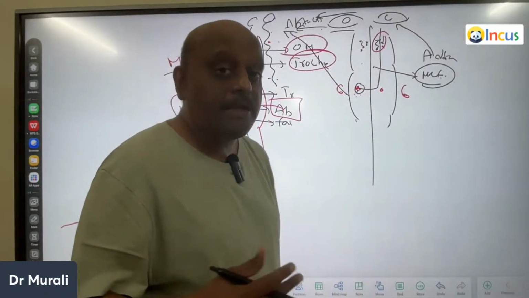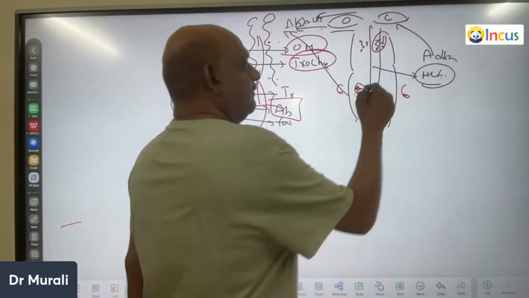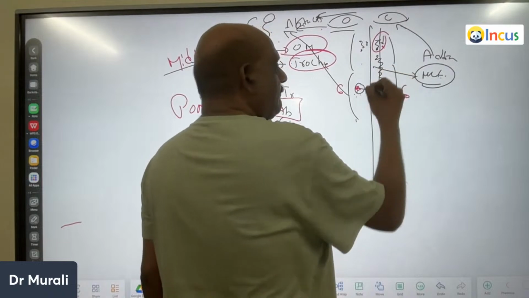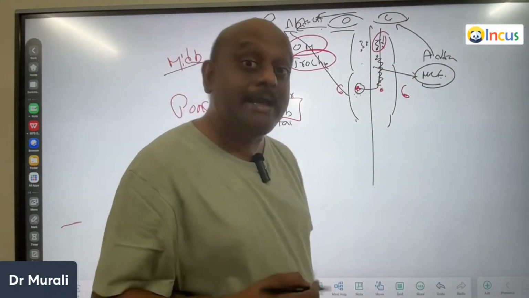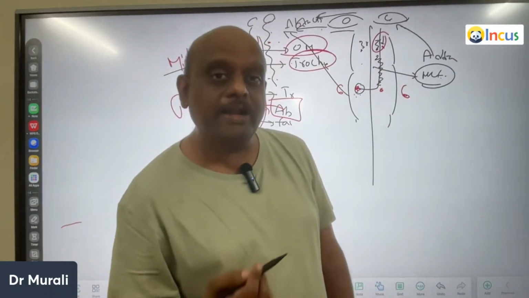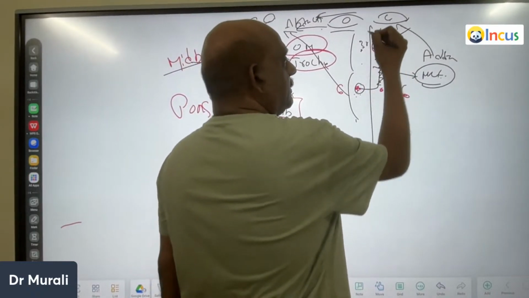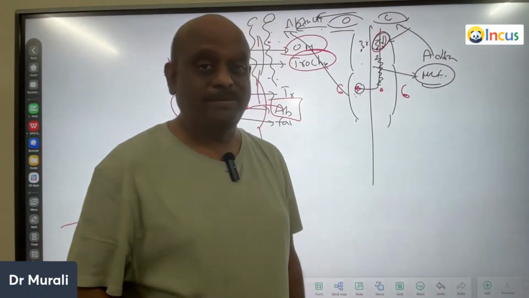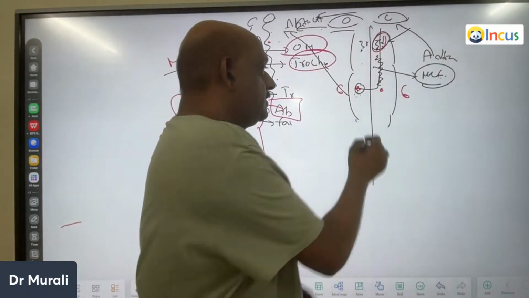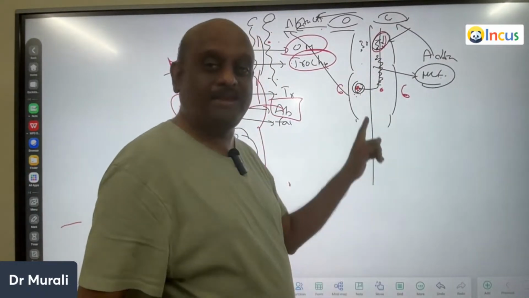But if there is any multiple sclerosis-like condition where this medial longitudinal fasciculus gets demyelinated, what will happen, doctor? The third cranial nerve doesn't know that the other side's abducens is working.